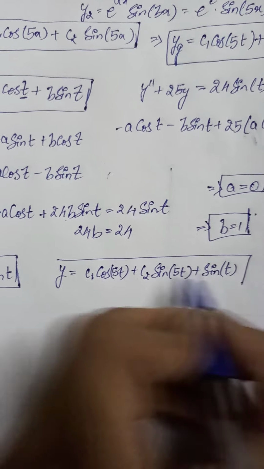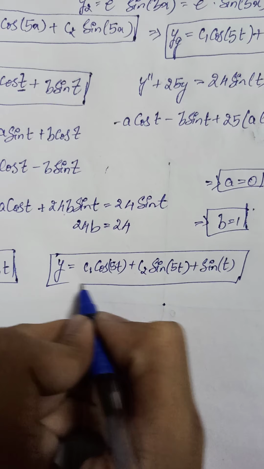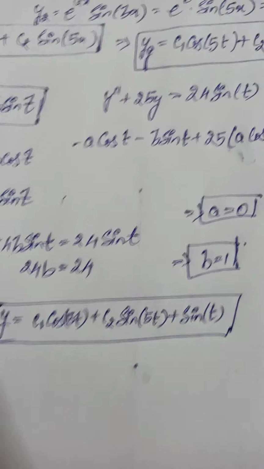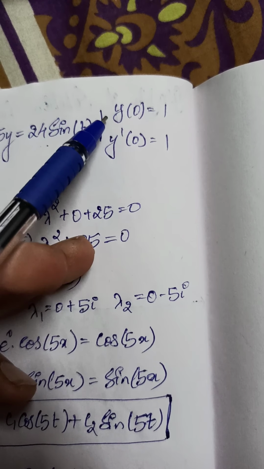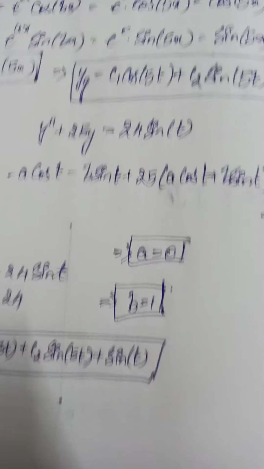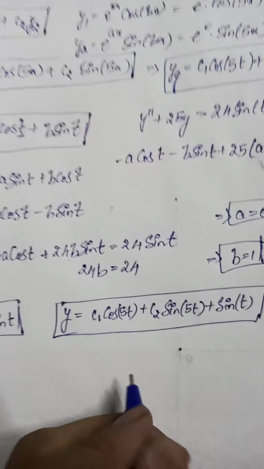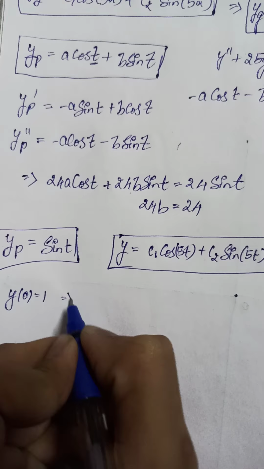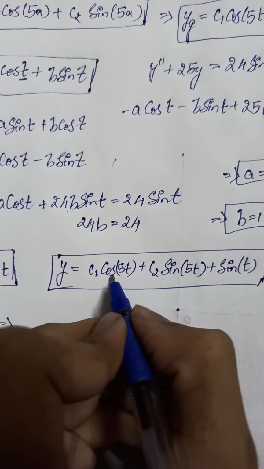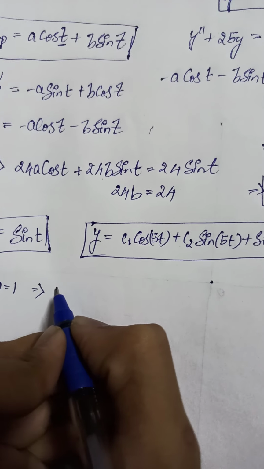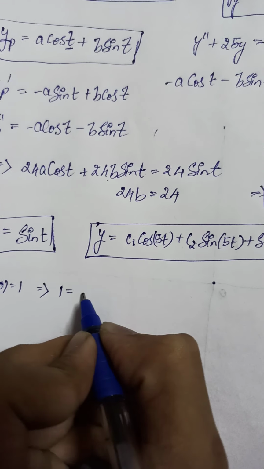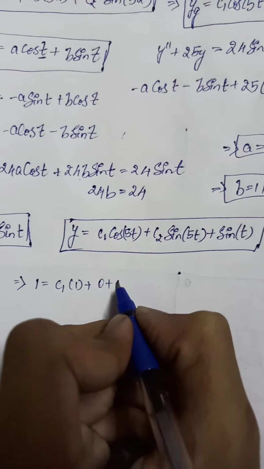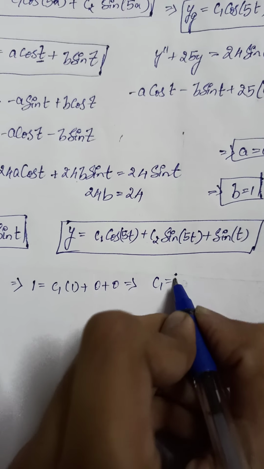In order to find the motion of the spring mass system, we have to substitute the initial conditions and find the arbitrary constants c1 and c2. So firstly, y of 0 equal to 1, which implies cos 0 is 1, so 1 equal to c1 into 1 plus sin 0, 0, plus sin 0, 0, which implies c1 equal to 1.